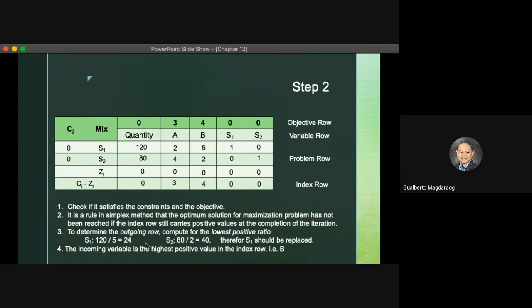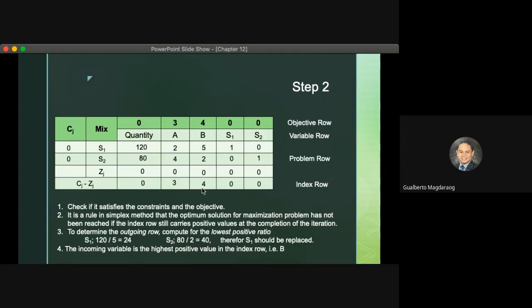Okay, second is, it is a rule in Simplex Method that the optimum solution for a maximization problem has not been reached if the index row still carries positive values at the completion of the iteration. So check your index row. Meron bang positive amount? Yes. 3 and 4. Okay?